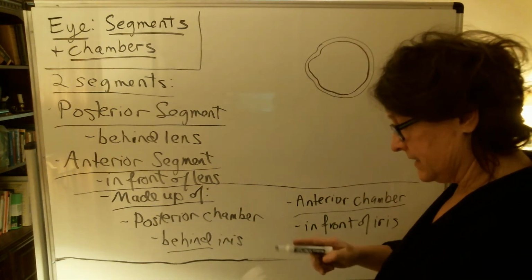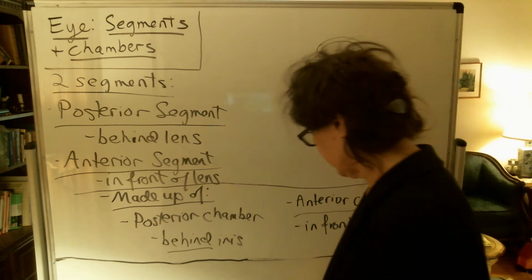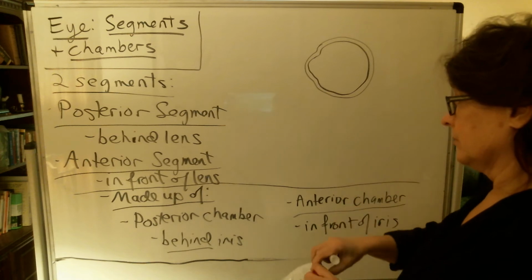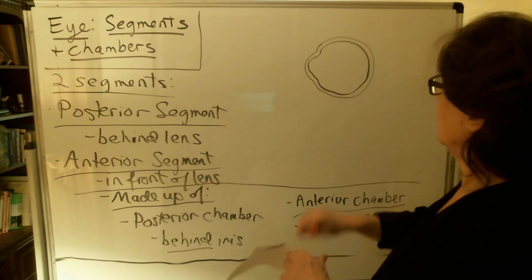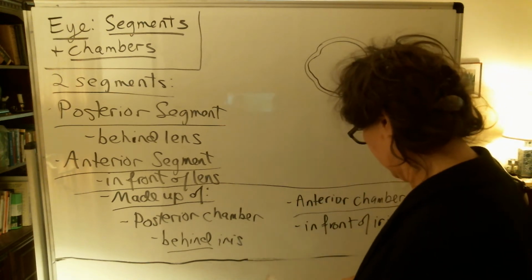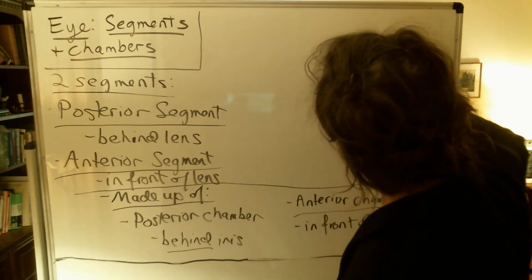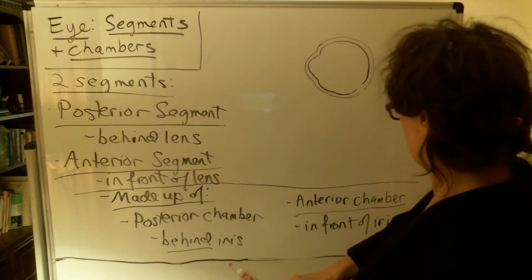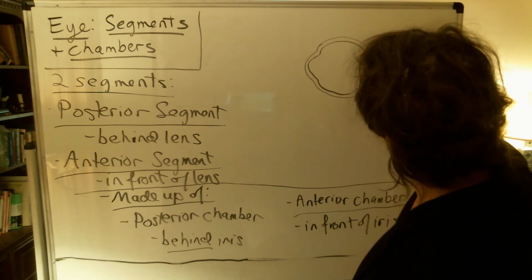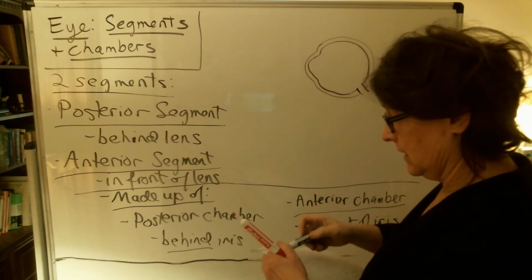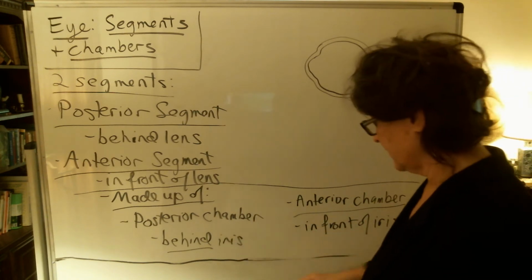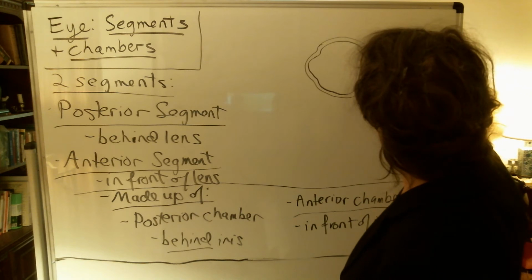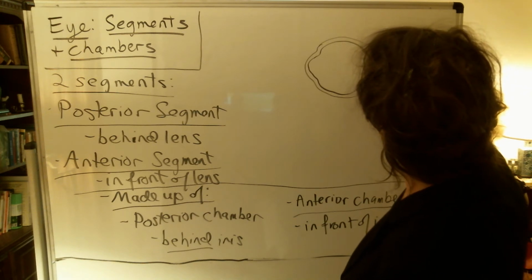And now let's take a look at what I've been talking about. So again, we've got the optic nerve coming out here, roughly speaking. All right, let's take a look at that vascular tunic. We're still, for the time being, talking about the vascular tunic.